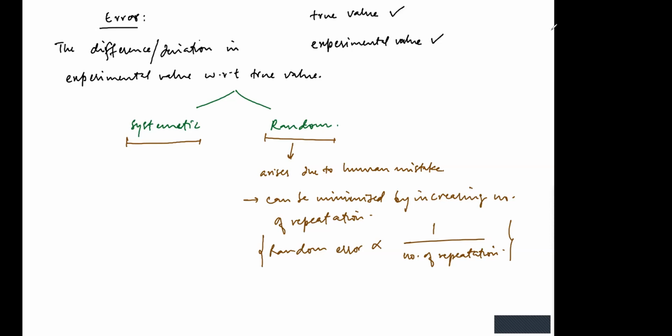Done, sir. For this random error on defining something, let's say you have some experimental value x1, x2, so on to xn. These are some experimental value related to an experiment.